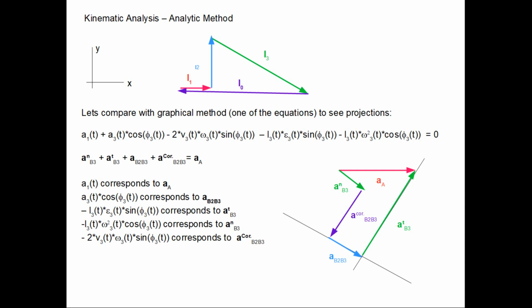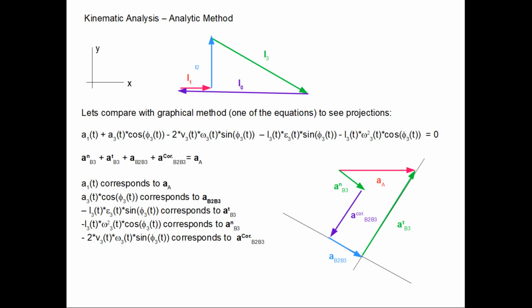The next term I've written here, L3 of t times epsilon 3 of t times sine phi 3 of t. We have epsilon 3, the angular acceleration, times the distance between B and C, so it must correspond to the tangential acceleration of point B3.